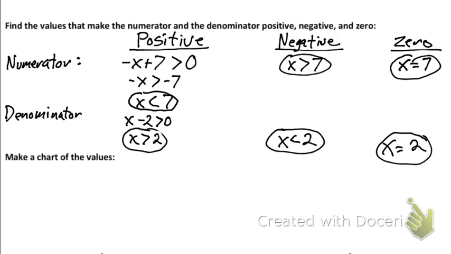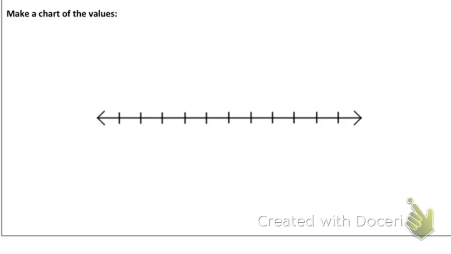All right, now we're going to make a chart of all these values, where it's positive and where it's negative. So once again, we are going to have a numerator. I'm just going to call it num column, and we'll have a den for our denominator column. And then we're going to fill out some values. Now, most of the time, I wouldn't fill out all these values, I would just put key ones down.